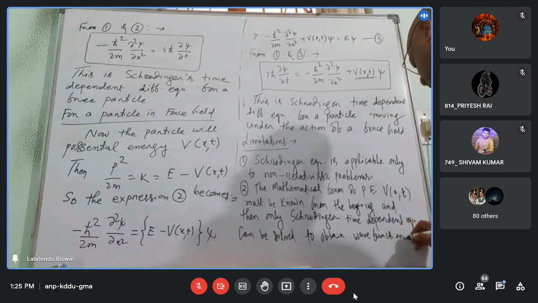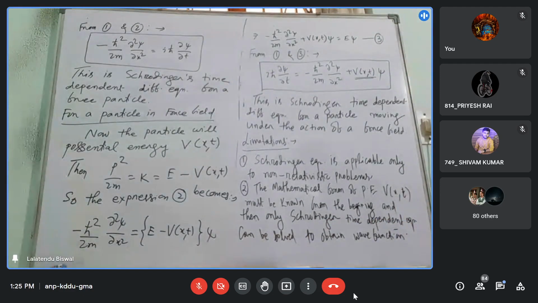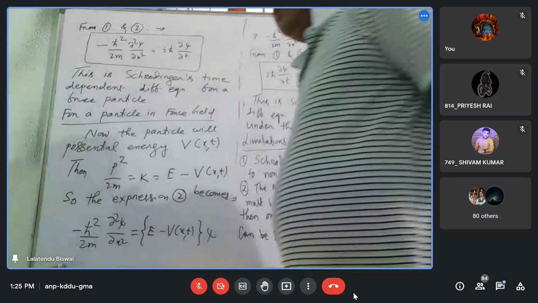Our aim is to obtain the wave function describing the matter waves. That is very important.